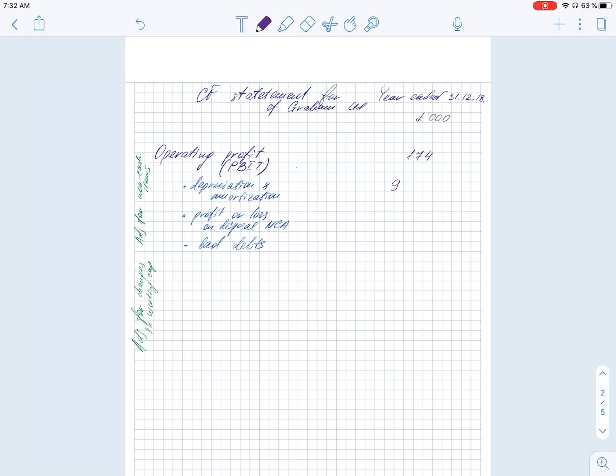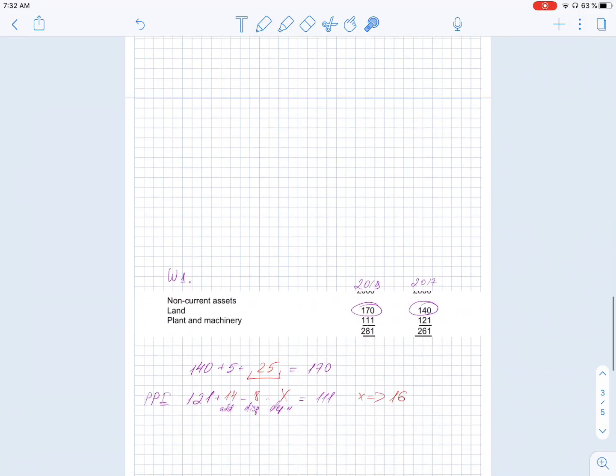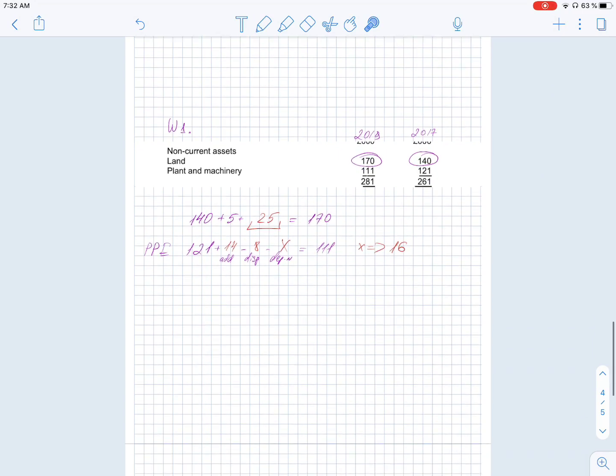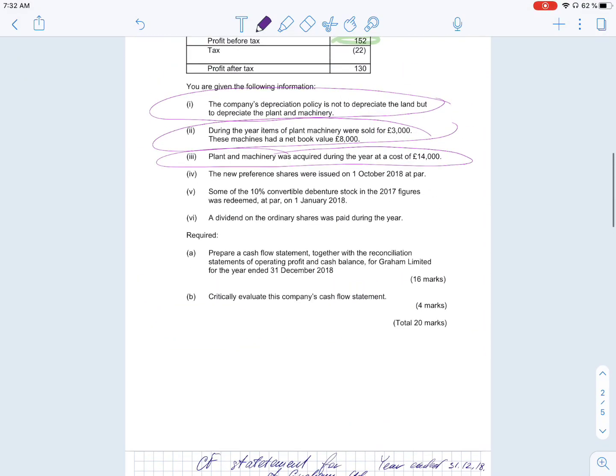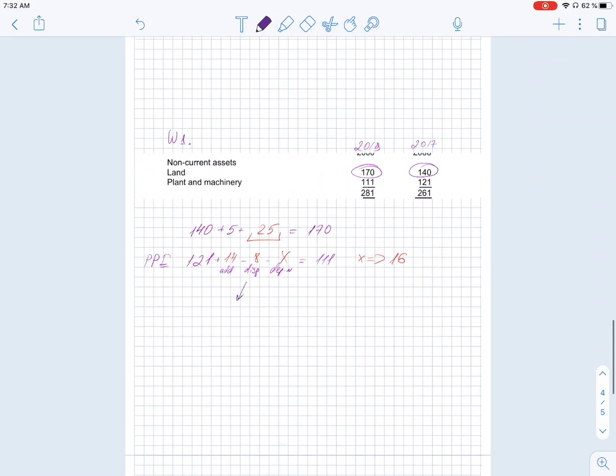The next line is profit or loss on disposal here. And since we have just talked about some disposal, the company disposed an asset with a net book value of 8 for cash in total amount of 3,000.